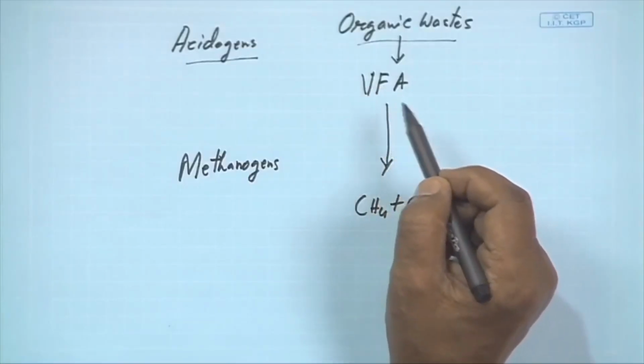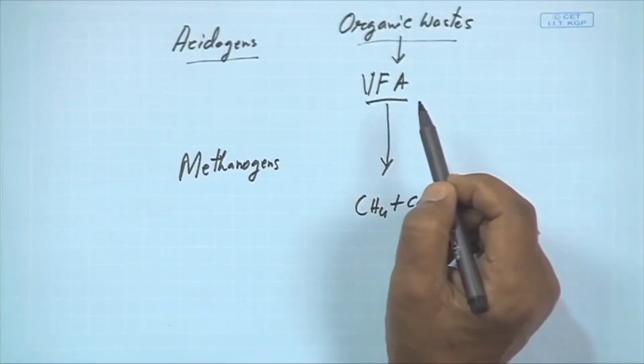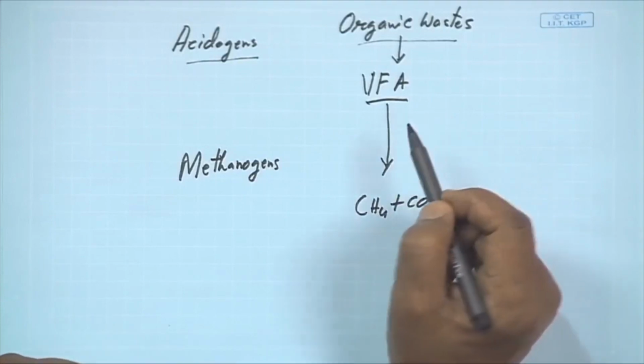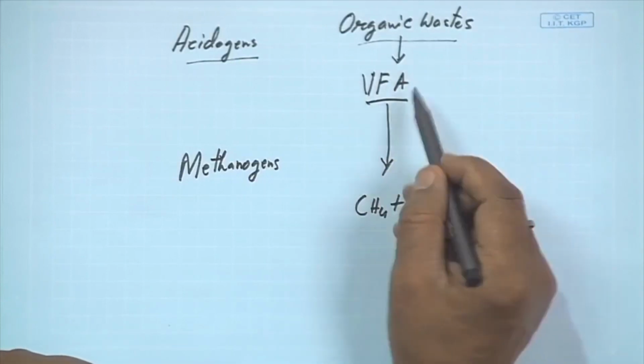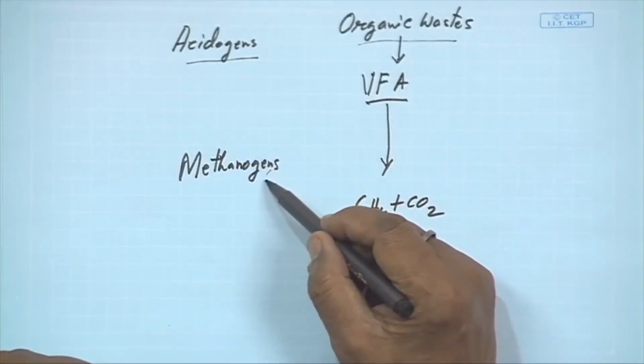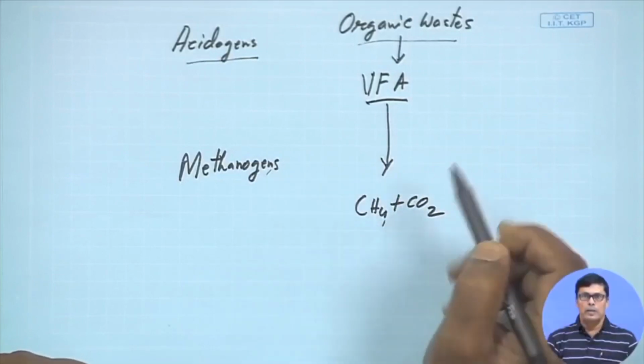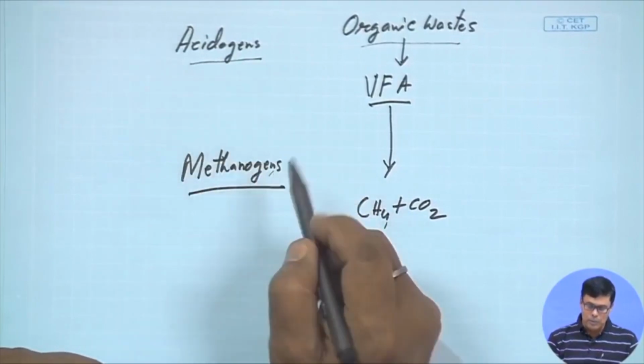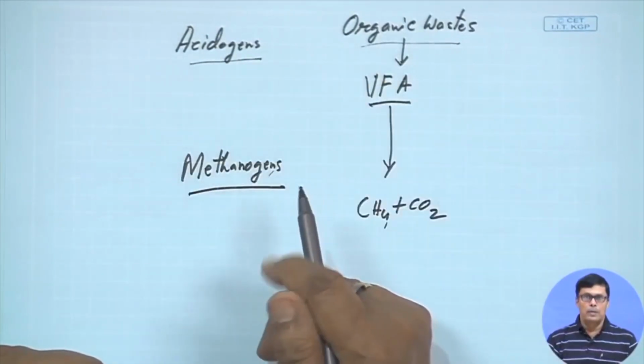I showed you here, and finally it produces volatile fatty acids like acetic acid, butyric acid, propionic acid. And these acids are utilized by the methanogens to convert to methane and carbon dioxide. So, the characteristics of those two are different with respect to the substrate they use.